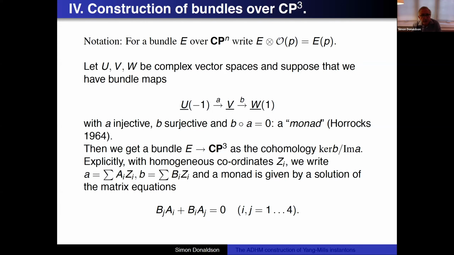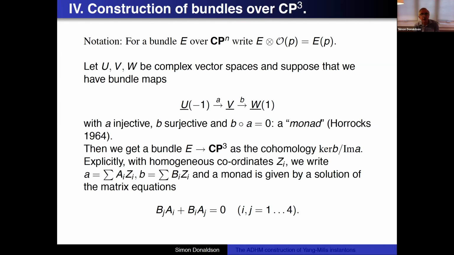In any case, such a thing is, in a sense, a very explicit object. If we take homogeneous coordinates for our projective space, Zi, so i goes from 1 to 4, then talking about a map from this twist of U to V just says A can be written as the sum of, say, Ai Zi, and B is the sum of Bj Zj.